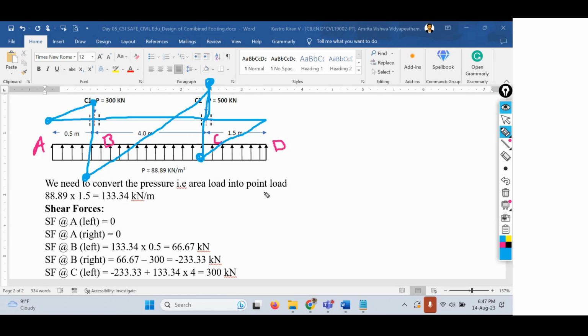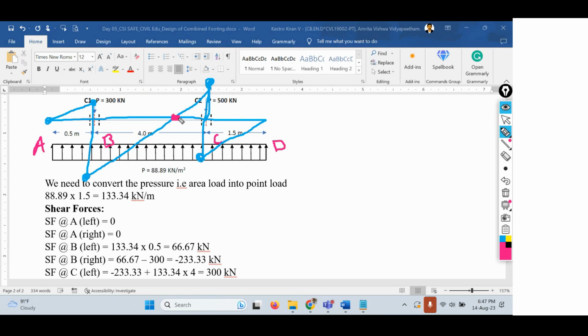Now the shear force diagram is very easy and we have drawn that. But one thing we have to focus on is this particular point. At this point, the shear force value is changing its sign from negative to positive. Can anybody tell me what this point is called? When the shear force or bending moment changes its sign, what is this point called?